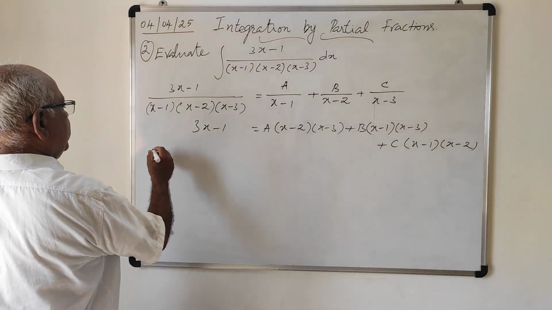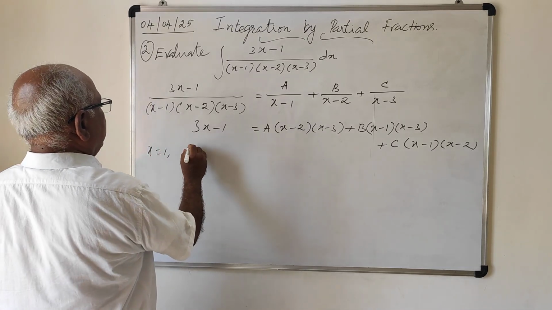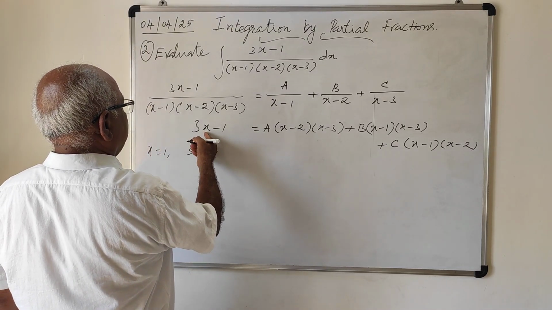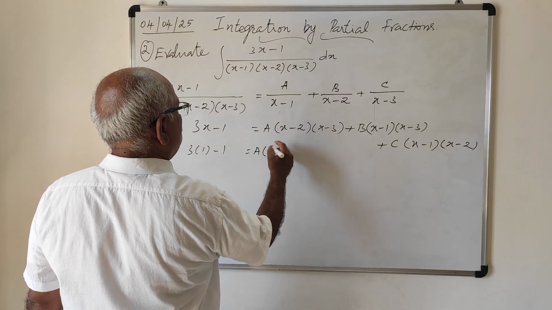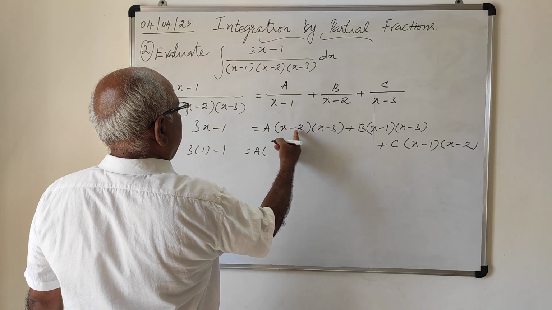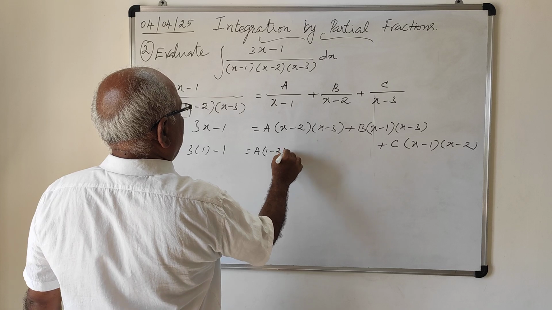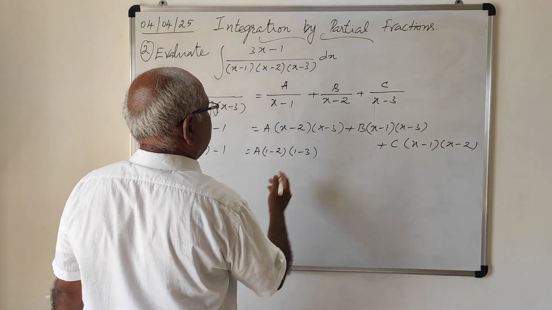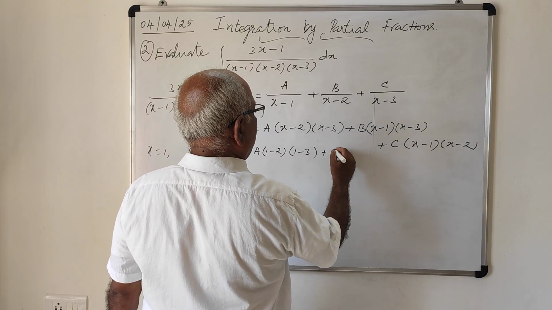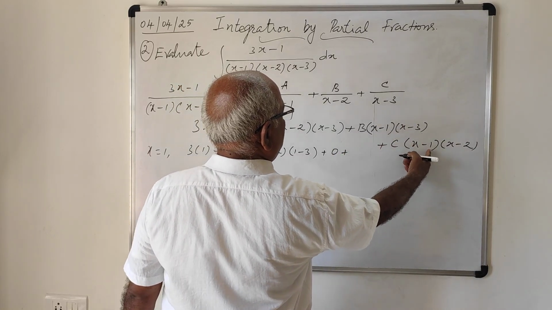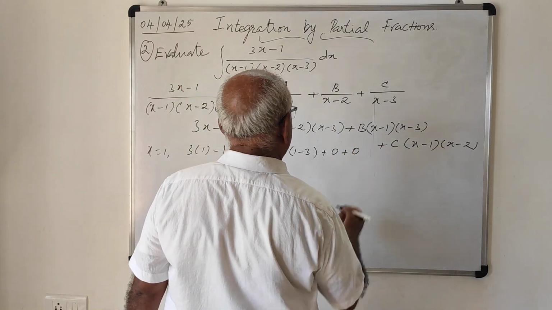So substituting x equal to 1, you will get 3 into 1 minus 1 equal to a into 1 minus 2 into 1 minus 3, plus b into 1 minus 1, which is 0, so the entire term is 0, plus c into 1 minus 1, which is 0, so the entire term is 0.